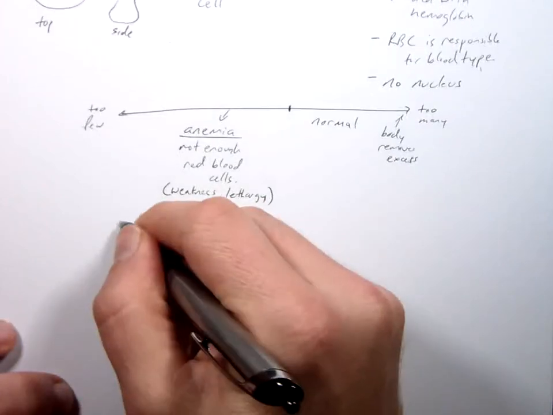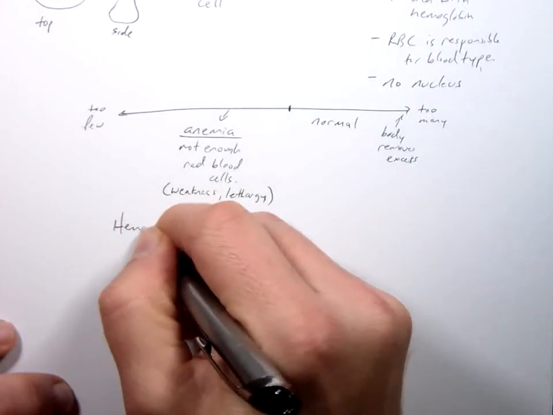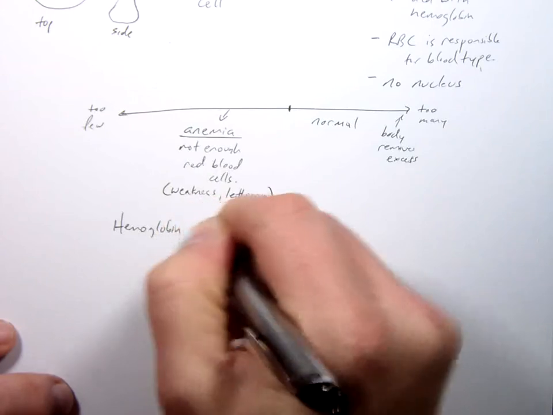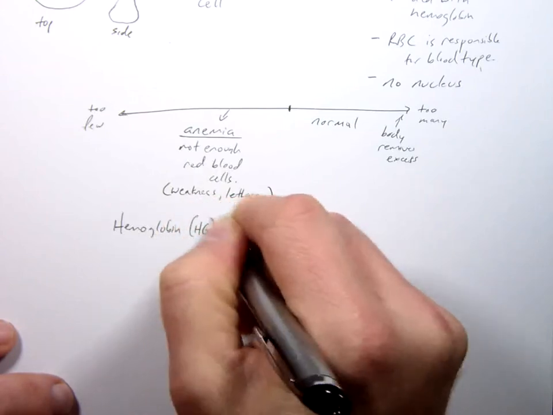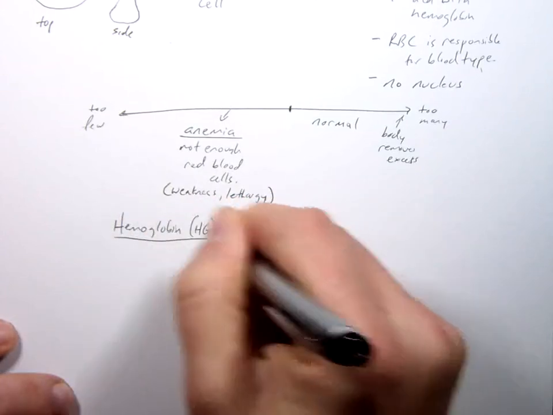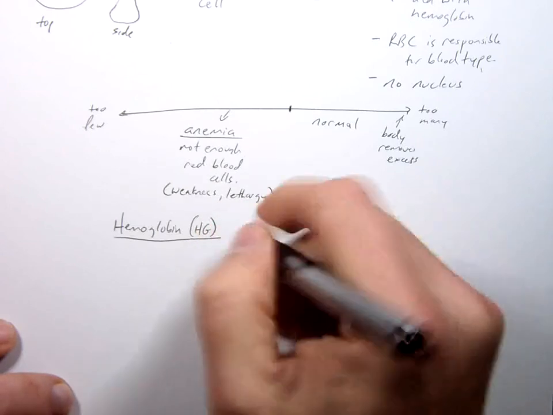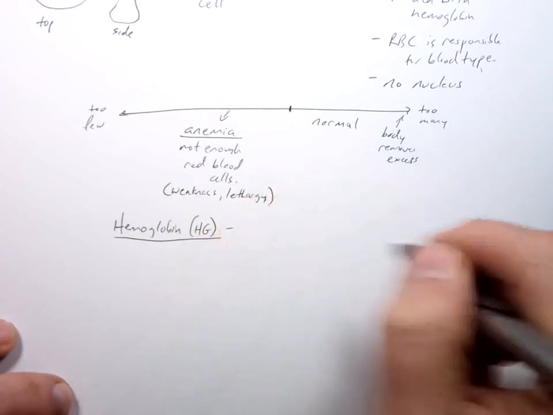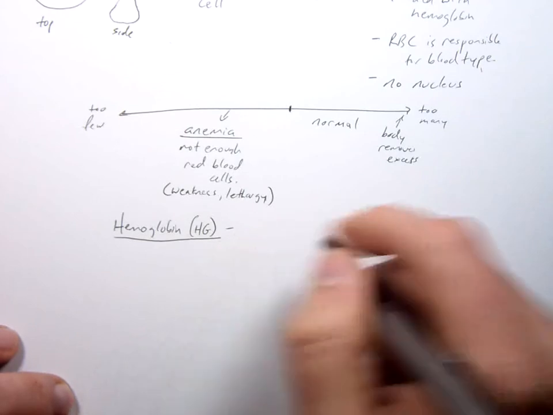Let's talk for a moment then about this hemoglobin. I'm going to abbreviate that HG, capital H and capital G, because if we do capital H, little g, that's the chemical symbol for mercury, so I don't want you to confuse those two.